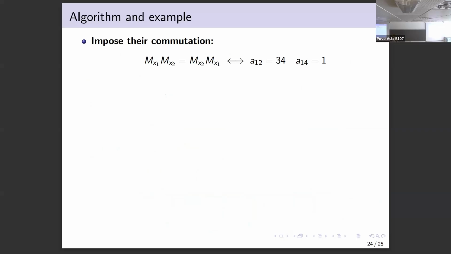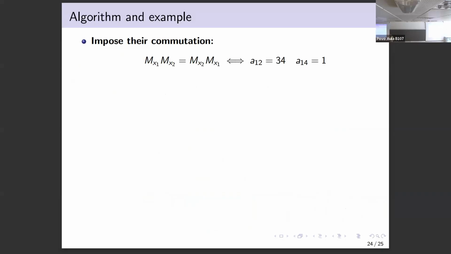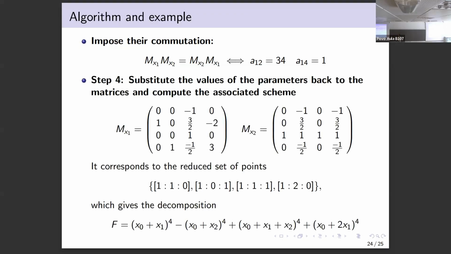And in this case, this would be a polynomial system with respect to these variables with a unique solution in this case. And once I have these multiplication matrices, basically the problem is over because I can know what the algebra is, I can compute the ideal, I can compute the Hilbert function if I want in this case.